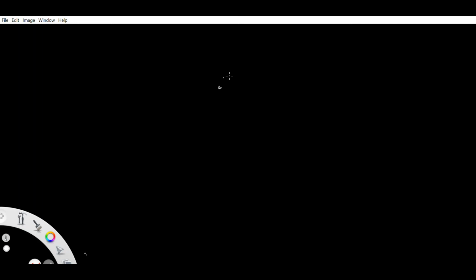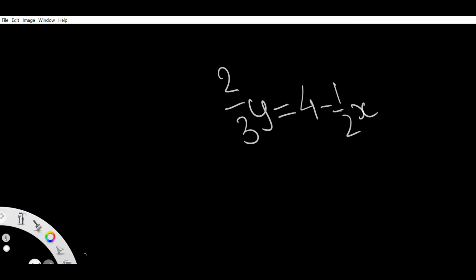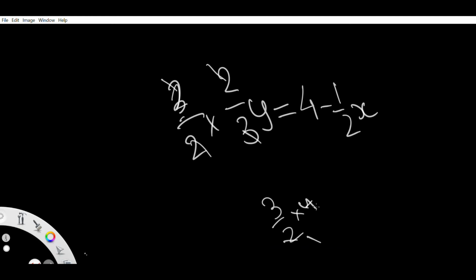And suppose we have another function, 2/3y is equal to 4 minus 1/2x. So to solve this, we could substitute the values like normal. So with x as 0, 3/2 times 2/3 cancel out, and 3/2 times 4 gives you 6. So y is equal to 3/2 times 4, which is 6.